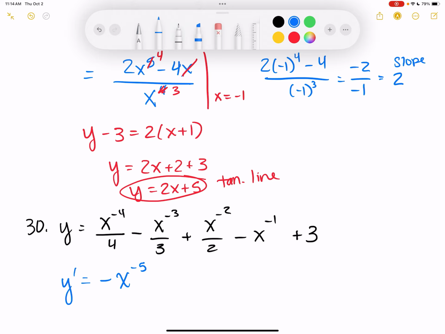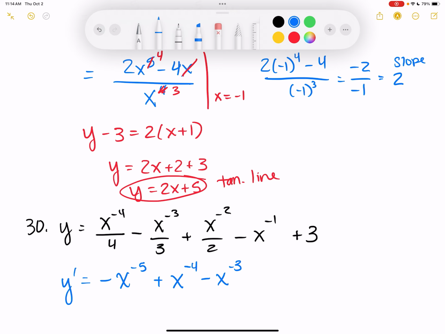For the next one, when I multiply by -3 out front, the negative's going away. 3's cancel. So this is going to be plus x to the -4. Multiply by -2. 2's cancel. I'm left with a negative x to the -3.